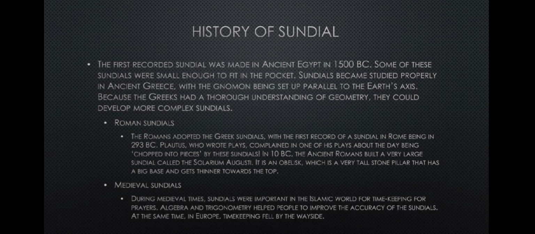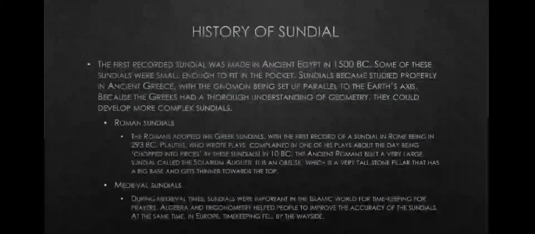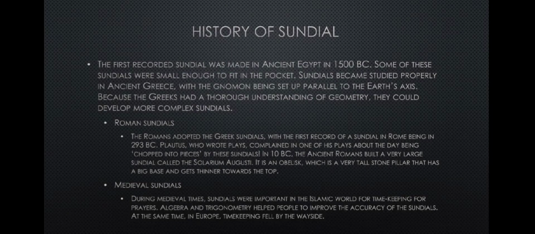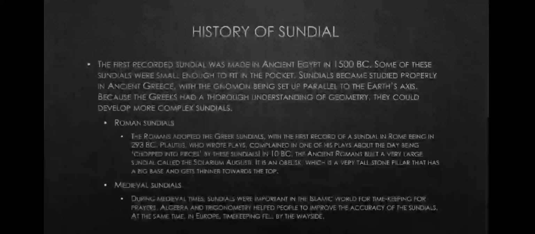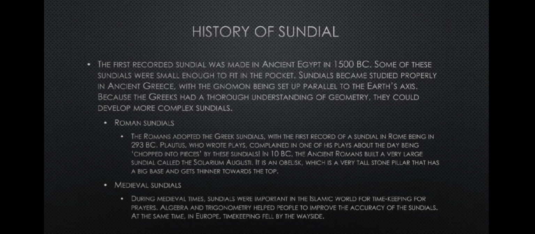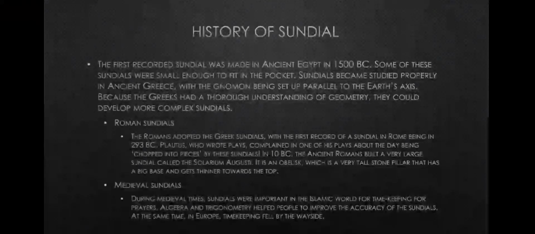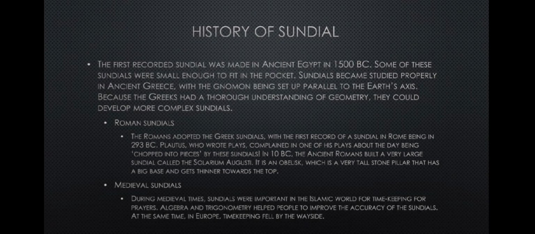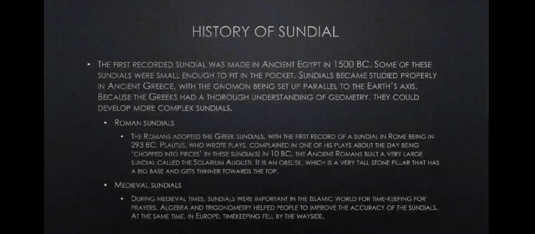Algebra and trigonometry helped people to improve the accuracy of the sundial. At the same time, in Europe, timekeeping fell by the wayside. So in the medieval sundials, the Muslim people would use the sundial as a reference to make sure of the time, which is exactly the time that we have to pray.